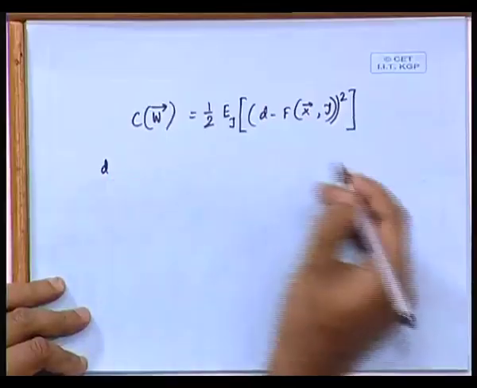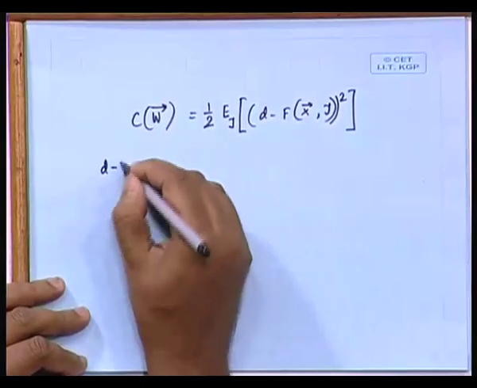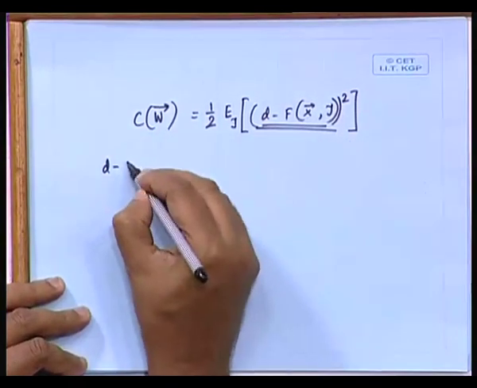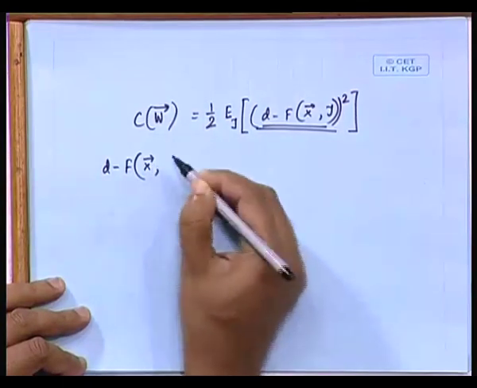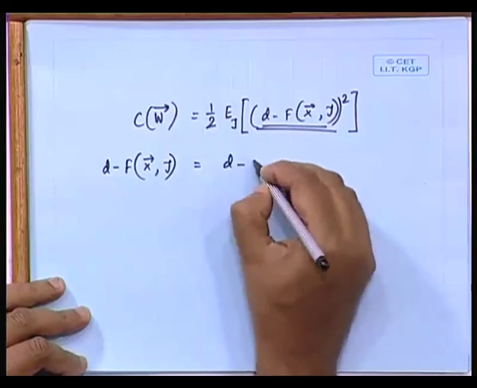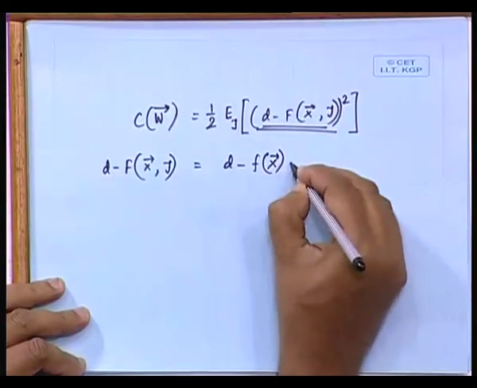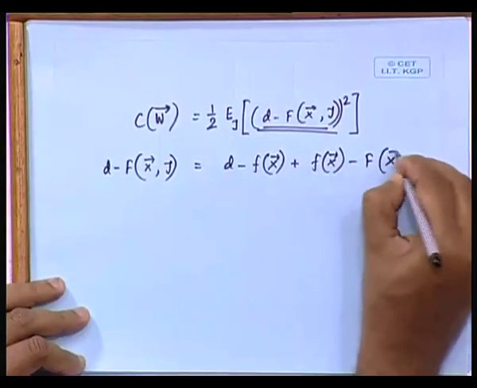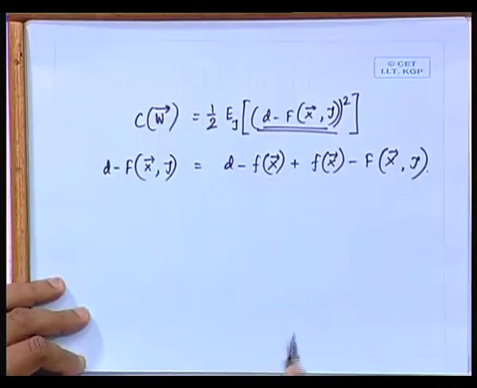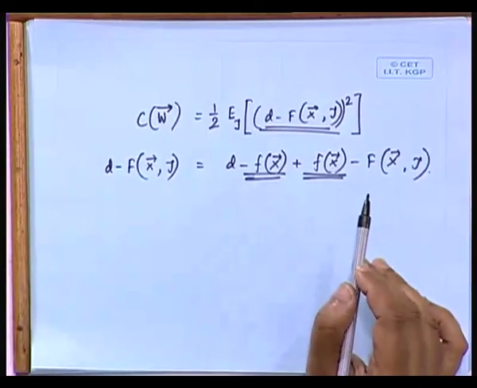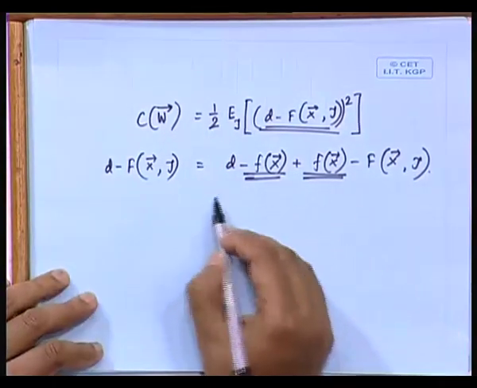Now, the average of this quantity can be calculated in an easier way. Let us see the argument, it is d minus F(x vector, T). This could be written as d minus f(x vector) plus f(x vector) minus F(x vector, T). I just added one f(x) and subtracted one f(x), nothing more than that. Now, let us interpret this.